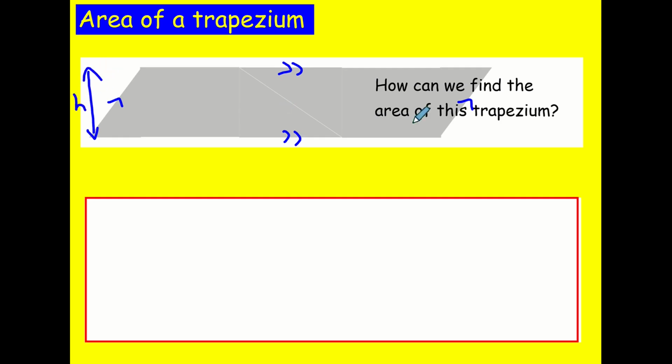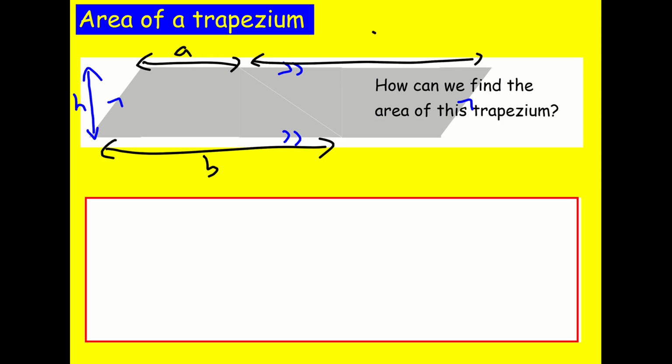We said before that this length was B and this length was A. Okay, but that's going to mean that this length is also B and this length is also A. So we can write down the area of this parallelogram as the base, which is now A plus B, times the height. That's the area of my parallelogram that I've made. I don't want the area of the parallelogram made. I want the area of the original trapezium.